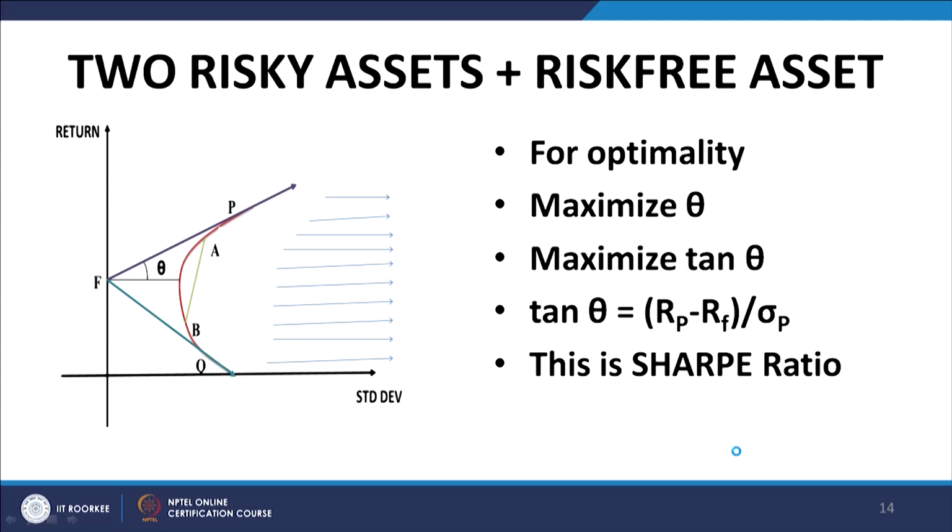What happens if we have two risky assets and the risk free asset? Now, let us split it up into two parts. Let us first talk about two risky assets. The two risky assets are A and B. All combinations of A and B will lie along this hyperbola AB. Of course, it can be extended if short sales in A and B are allowed.